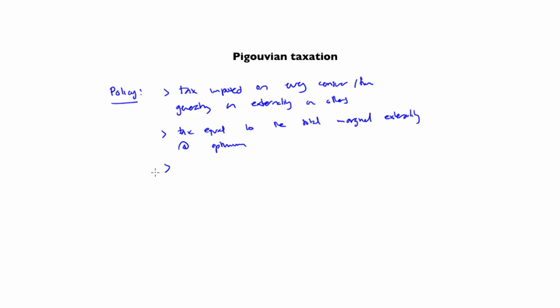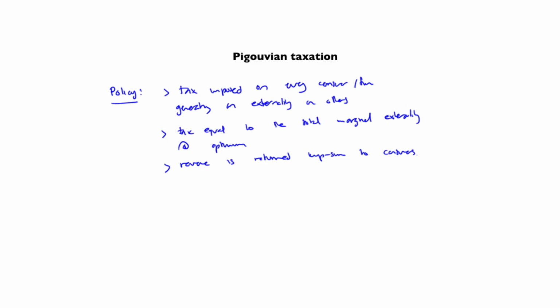And finally, the revenue is returned lump sum to consumers. Notice an important thing: if a consumer is imposing an externality on both other consumers and firms, the size of the tax has to reflect that total marginal externality to both groups.